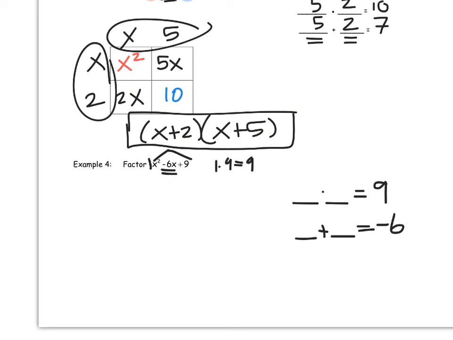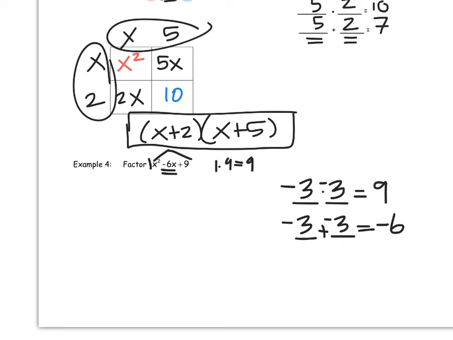Okay, so I need two numbers that multiply to get positive 9, add to get negative 6. So to get 9, there's not many options. I'm going to choose 3 and 3, because 3 and 3 could work to get me negative 6, but look, I need it to be a positive 9. And positive 3 and positive 3 will never get me negative 6. I need those both to be negative, and if they're both negative, they multiply to get positive 9. So that works, negative 3 and negative 3.